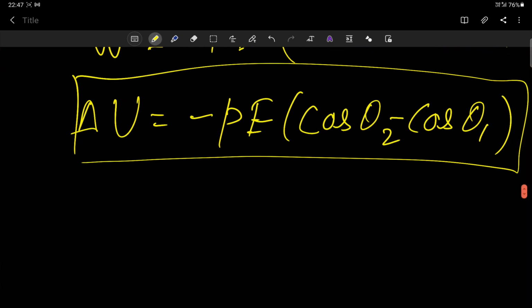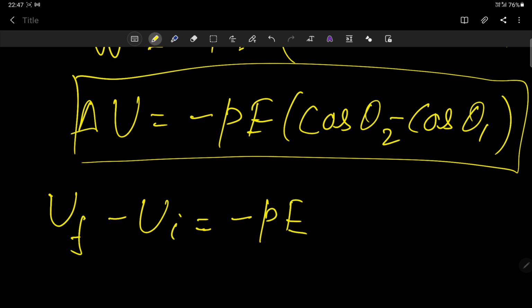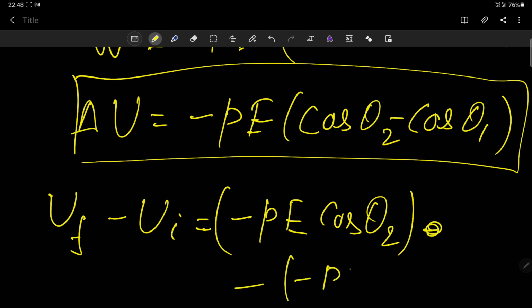So delta U, the change in potential energy, is the final potential energy minus the initial potential energy, which is equal to minus P E cos theta 2 minus of minus P E cos theta 1.